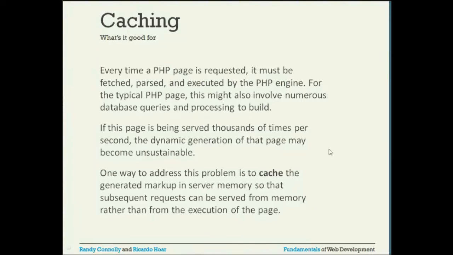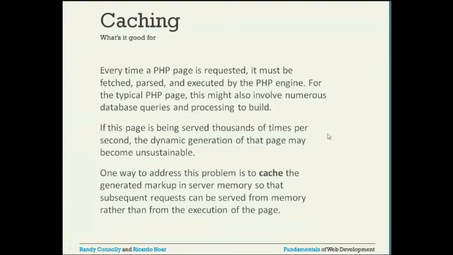And if this page is being served thousands of times per second, the dynamic generation of that page may become unsustainable. So let us say that page is being requested thousands of times per second.